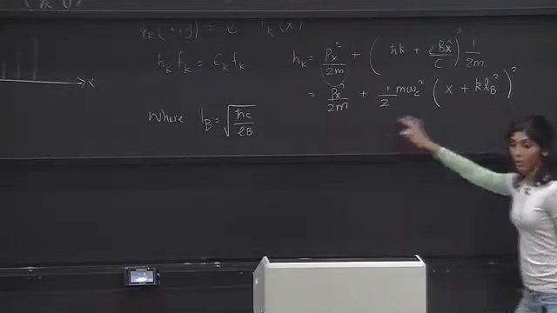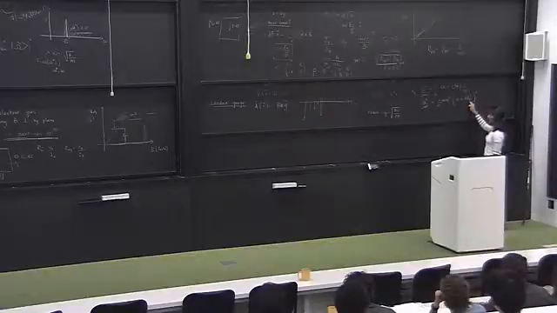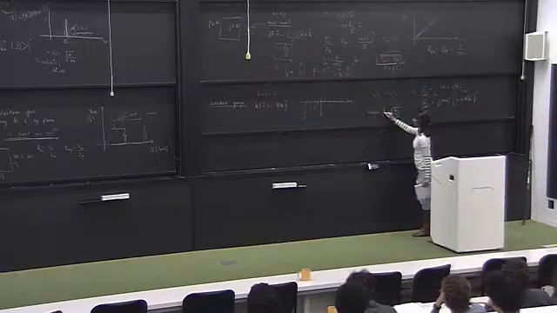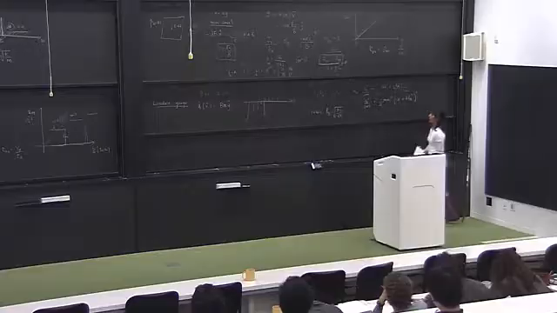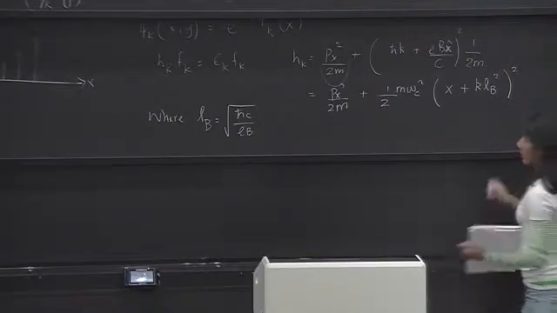I just defined a new quantity called the magnetic length, l_B. It's this particular combination of e, B, ħ, and c.